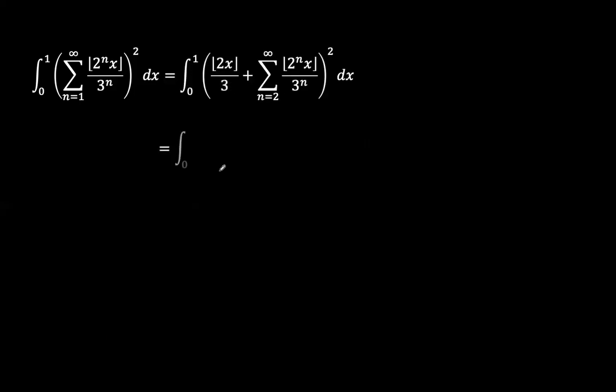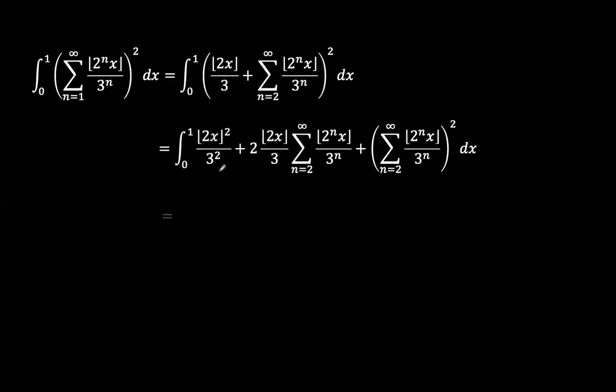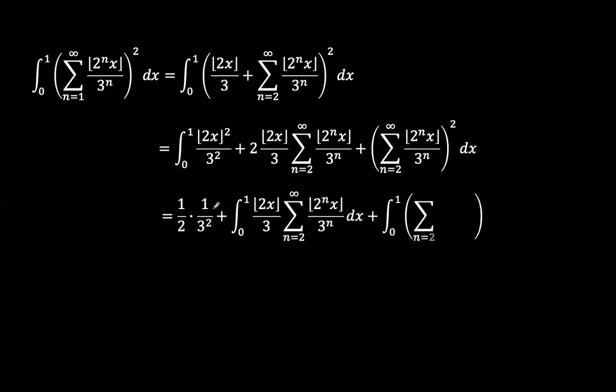So this now results in 1 squared over 3 squared times a half, which is the width. And so this is the area of this, right?